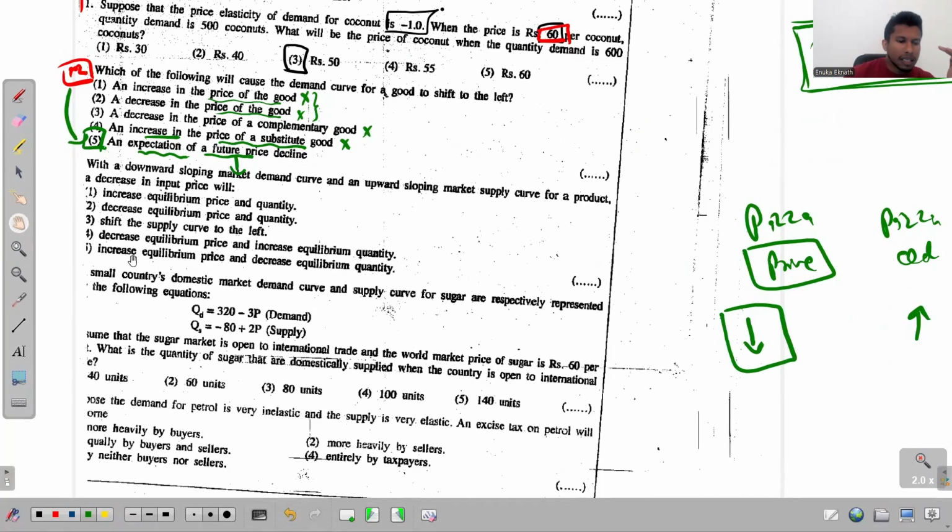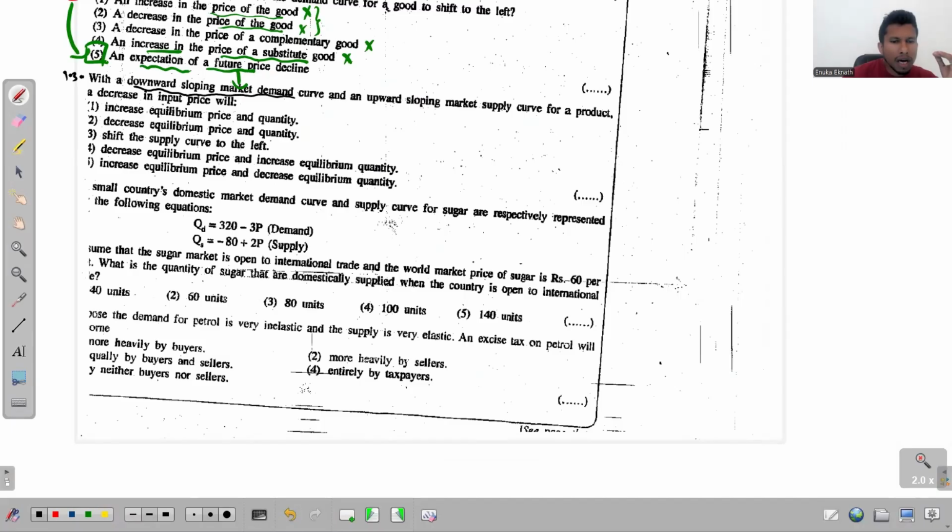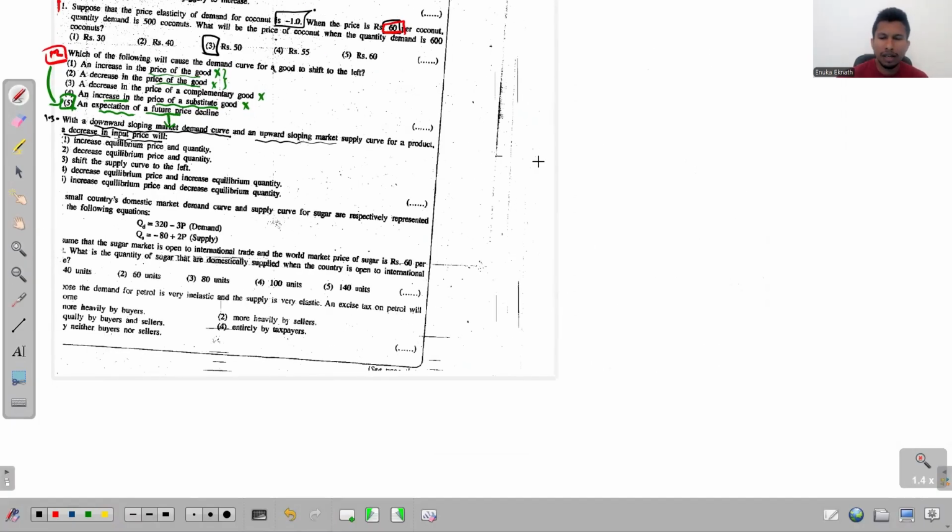Right. The 13th question. With a downward sloping market demand curve and an upward sloping market supply curve for a product, a decrease in input price will... Very easy. We don't need to discuss this, but look at this.